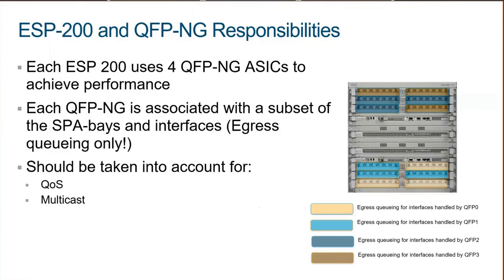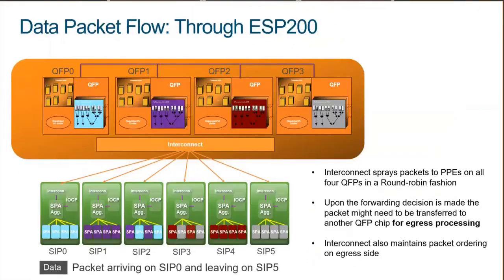So let's take a look at how a data packet arriving on one SIP gets processed by the QFP and is put out on another SIP. This is the data packet that we see here. It is received on this SIP.